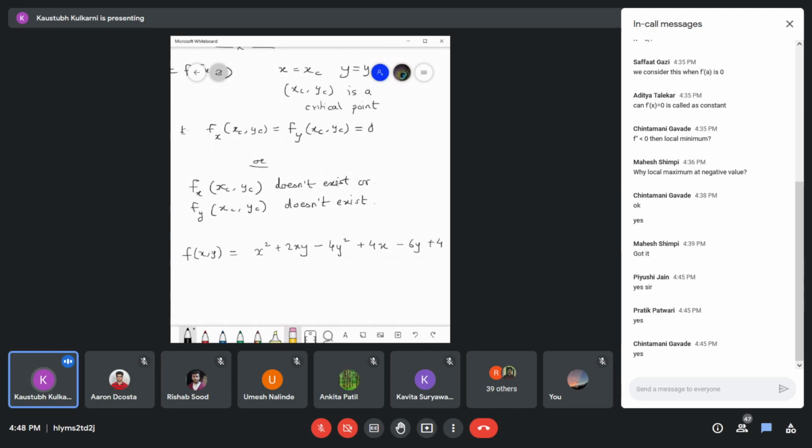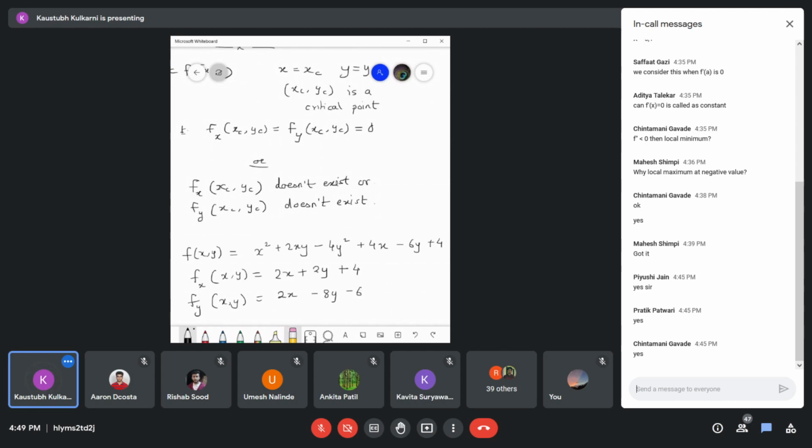So in this case, the partial derivative with respect to x is 2x plus 2y, which is constant, plus 4, and the partial derivative with respect to y is 2x minus 8y minus 6.